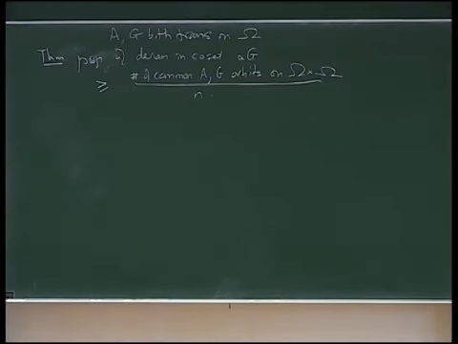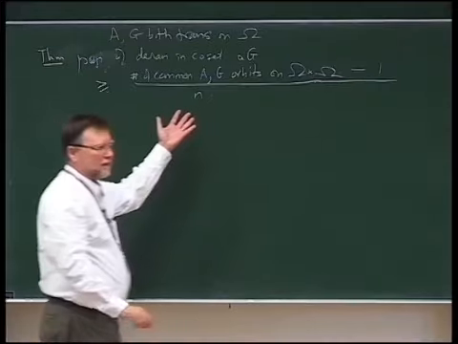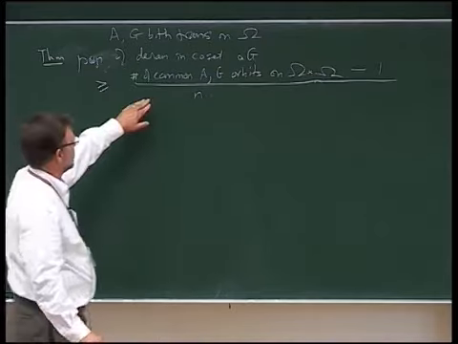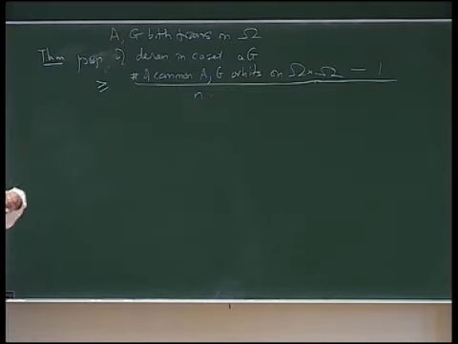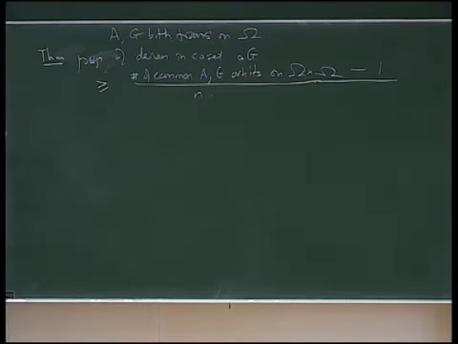If A is G, there are at least two common orbits on omega cross omega, namely the diagonal and everything else. All orbits are common, and there are at least two orbits. Of course, if it's doubly transitive, that's exactly what you get. So in particular, it's bigger than or equal to 1 over n if A is G.